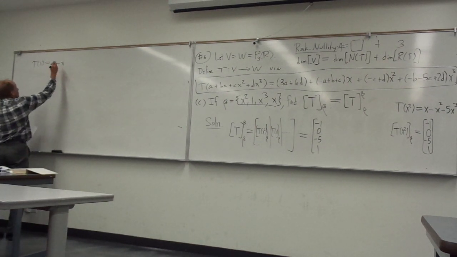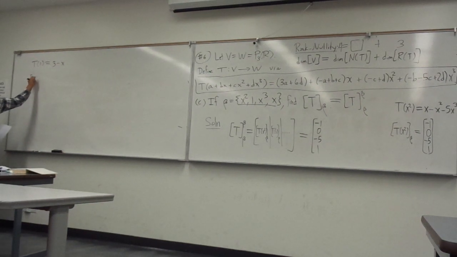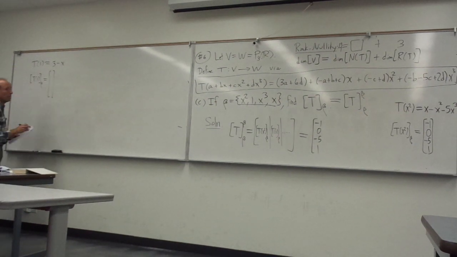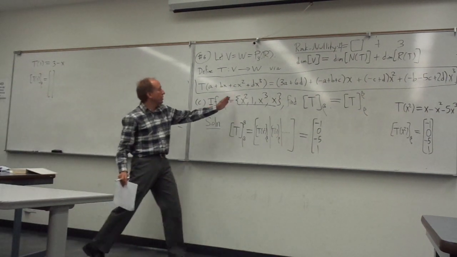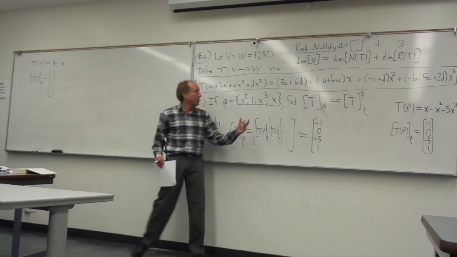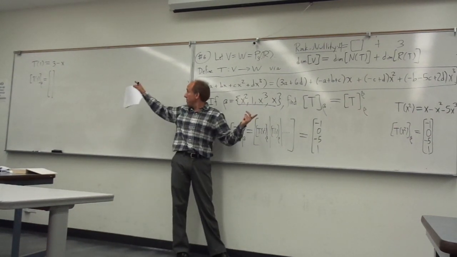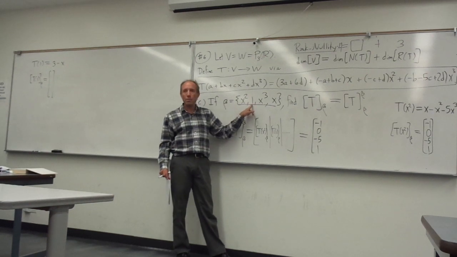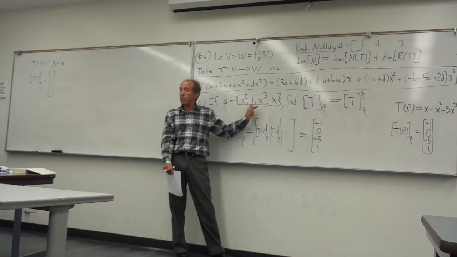Okay? And so if we take that result and write it in terms of beta again as a column vector, in terms of this basis, everybody see what I'm doing? I'm going to write 3 minus x in terms of this basis. So how many x squareds do we have? 0. How many multiples of 1 do we have? 3.